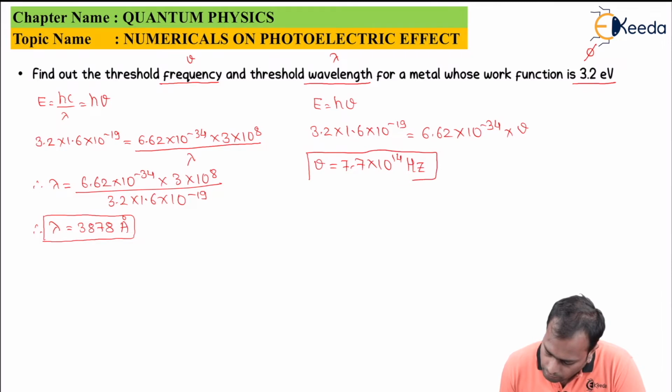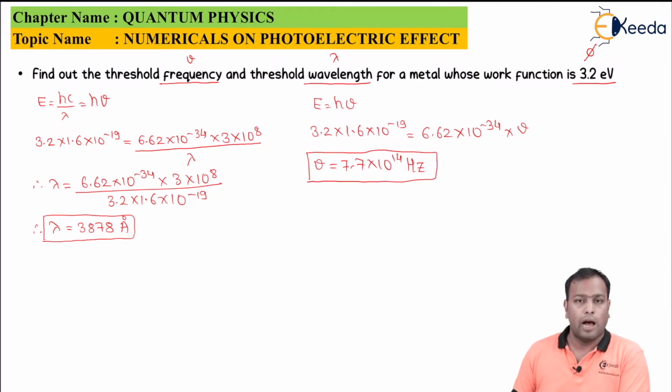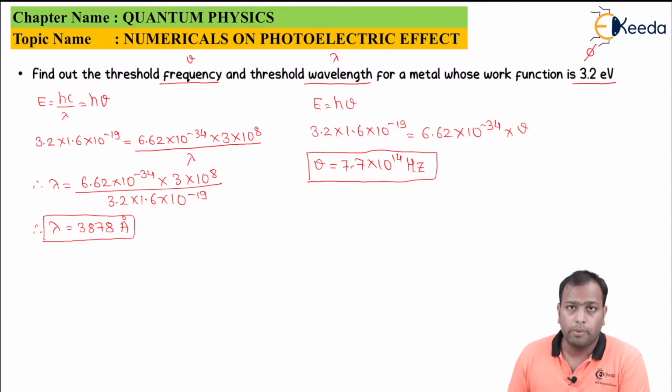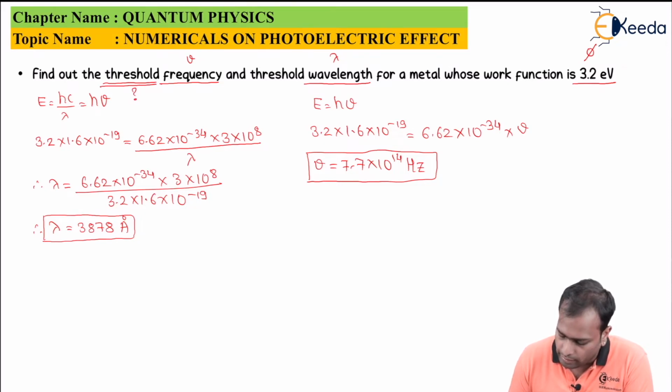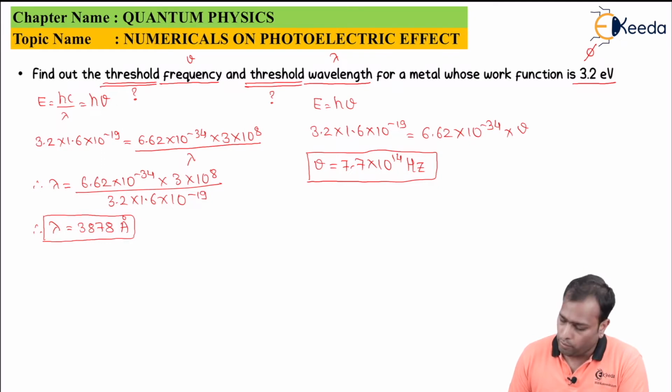Now, by using energy, we have seen how to find out the lambda and nu. Now, there's an important tip here to remember: why it is called threshold. What does the word threshold mean here? Well, to understand this, it's important to see which energy we are talking about.